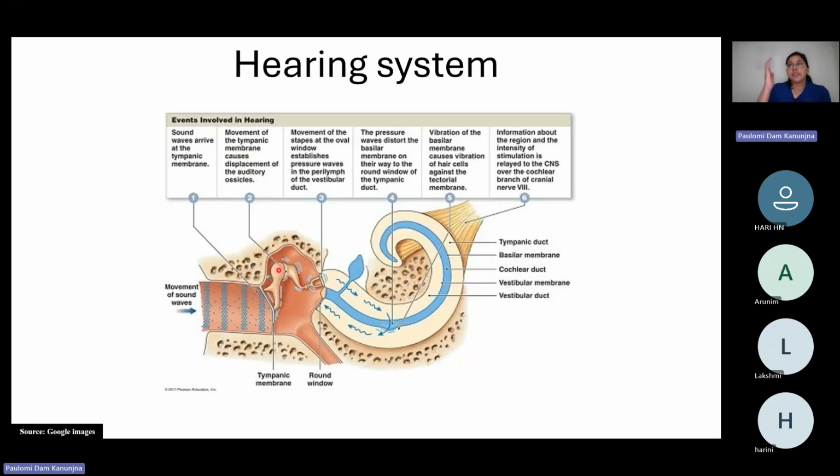Now, if you remember, malleus, incus, stapes, that's the order of their arrangement. As soon as the last one moves, the movement of the stapes at the oval window, which is here, establishes waves. This is not difficult to imagine.